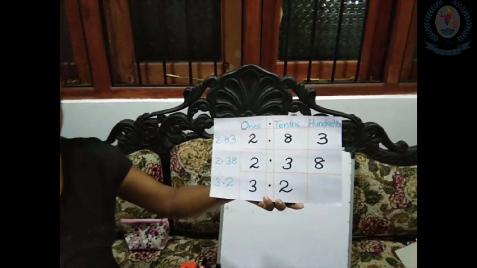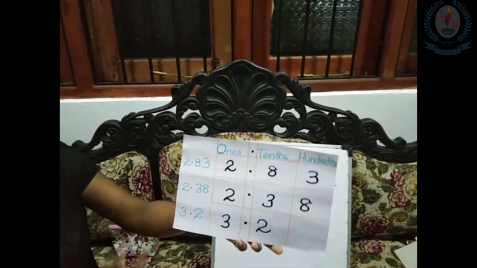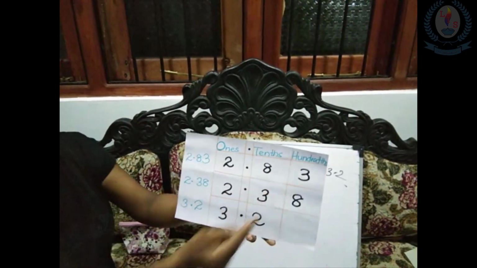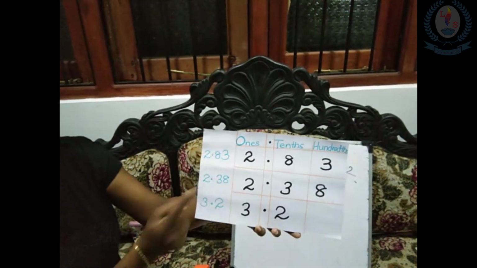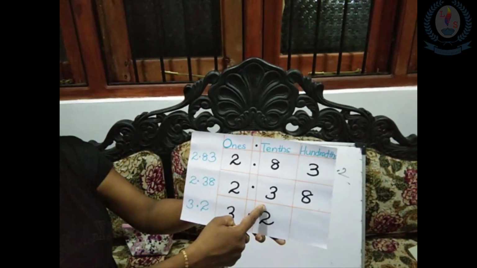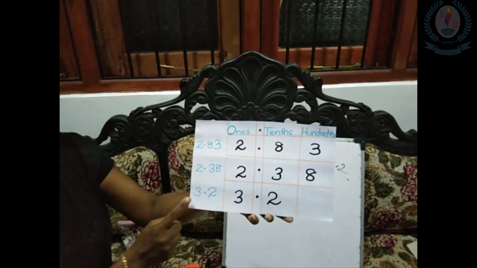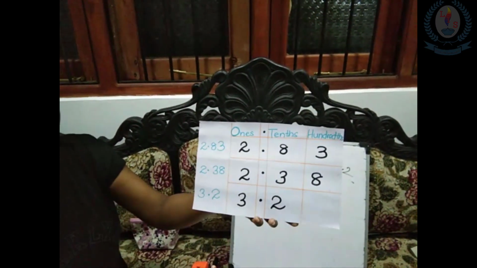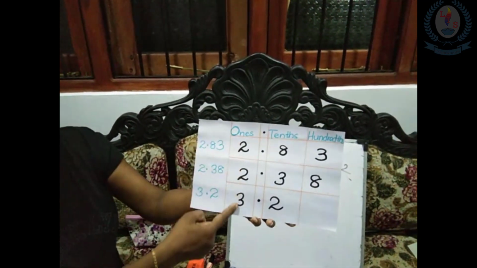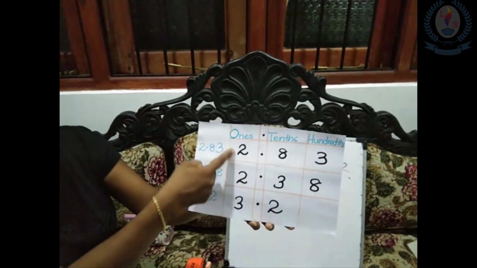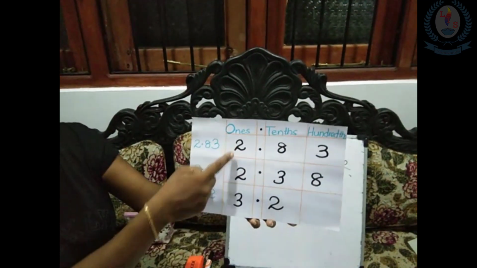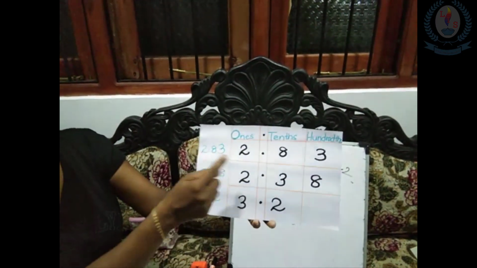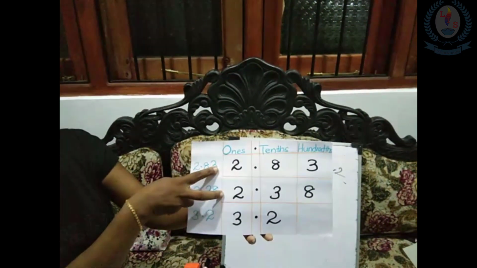Look at this place value chart. 2.83, 2 ones, 8 tenths, 3 hundredths. 2.38, 2 ones, 3 tenths, 8 hundredths. 3.2, 3 ones, 2 tenths. In these numbers, first let's compare the ones place. Here there are 2 ones and 3 ones. So the smallest one we have to select from here.